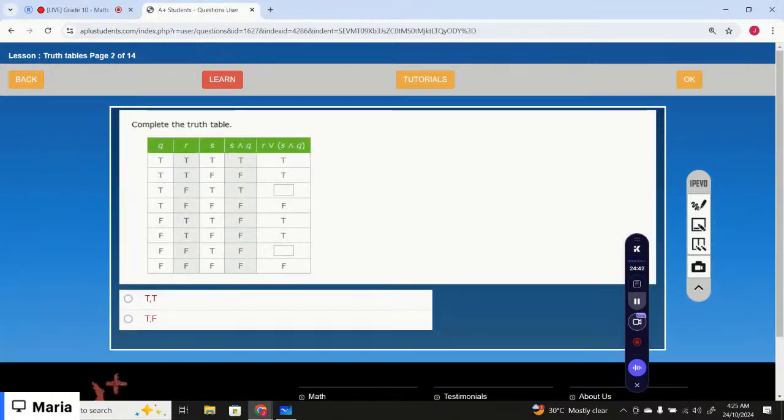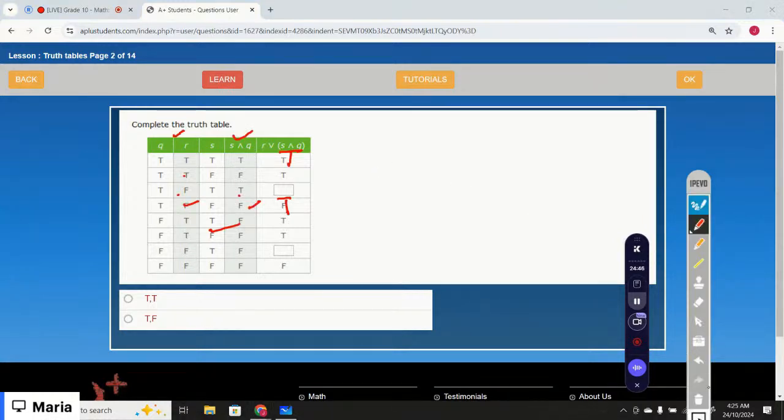Okay, complete the truth table. Okay, R and R or this one. You need to find true, true, false, true, true, false, false, false.